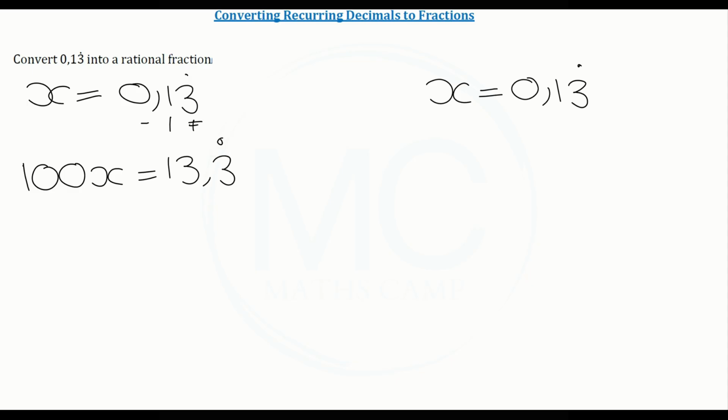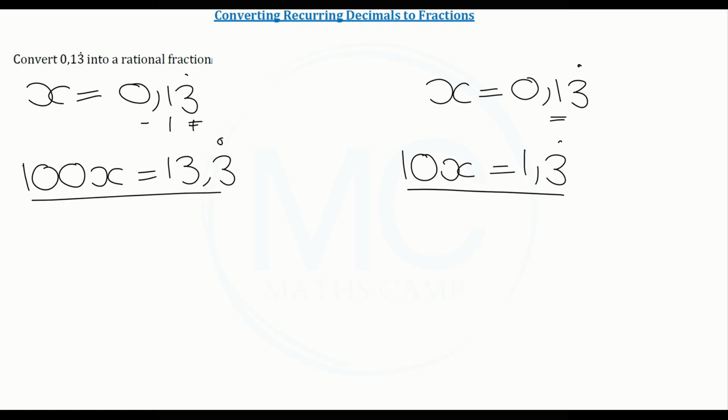For equation 2, we multiply x by 10 for every non-recurring digit. Here we have 1 non-recurring digit. So x multiplied by 10 gives us 10x is equal to 0.13 recurring multiplied by 10, and we get 1.3 recurring. Now we have equation 1 and equation 2.